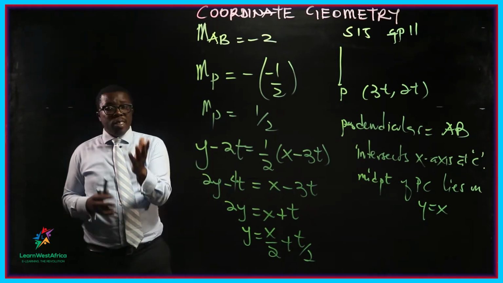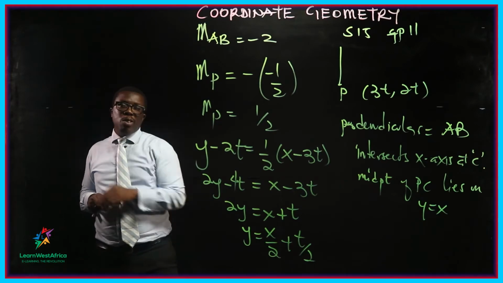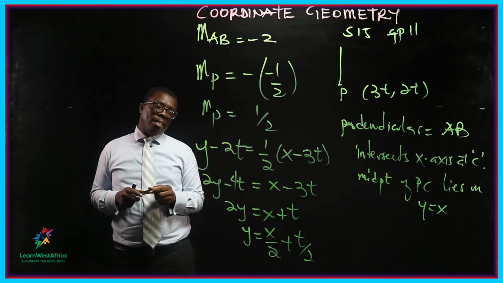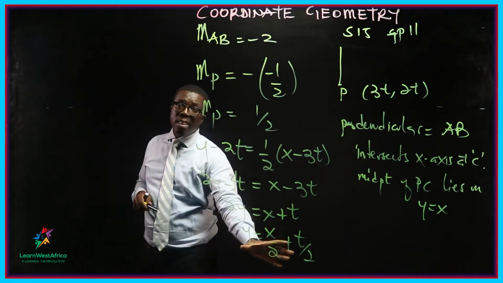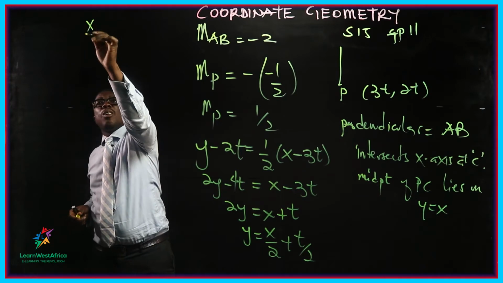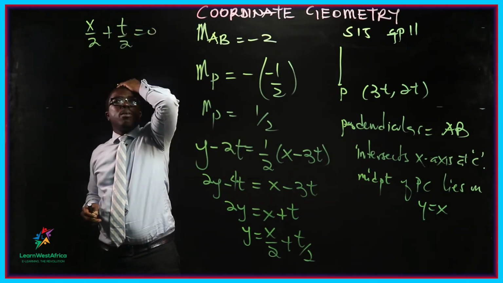And on the x-axis, it is obvious from our prior knowledge that y is equal to 0. So how do we find that? y is equal to 0. We take this and put 0 wherever we find y. Hence, we are going to have x over 2 plus t over 2 is equal to 0.